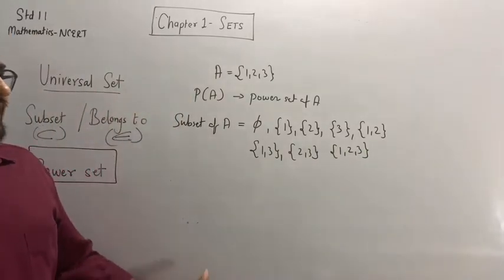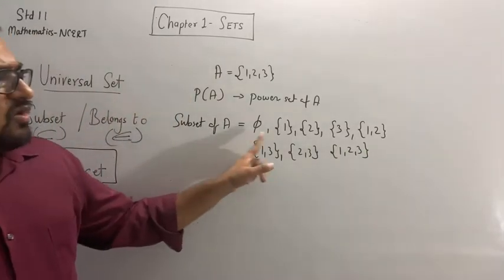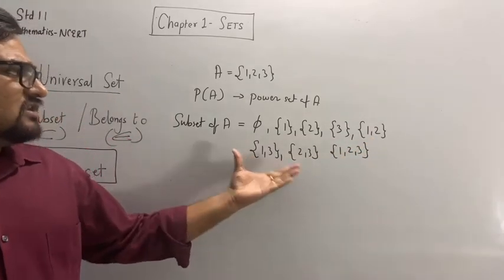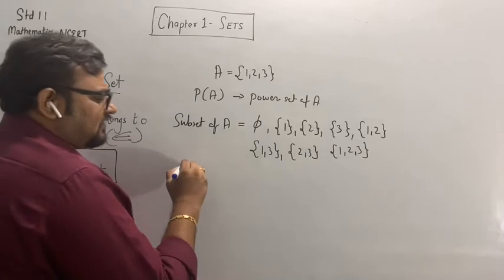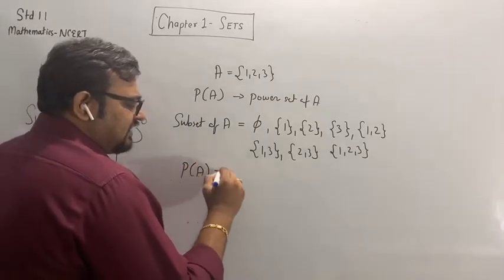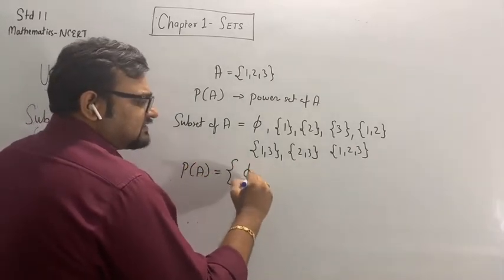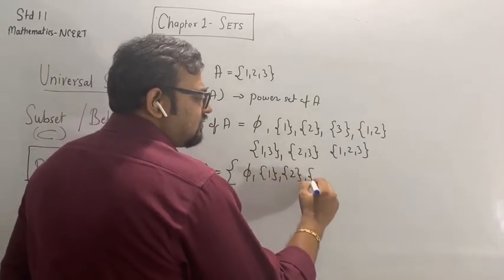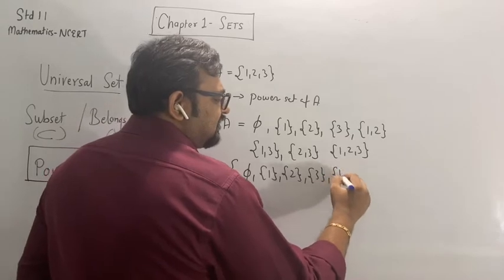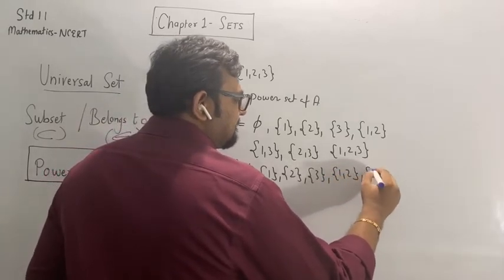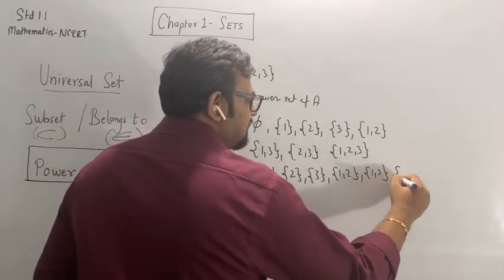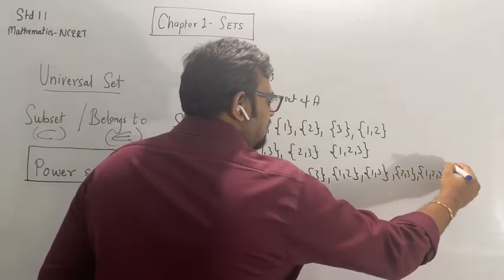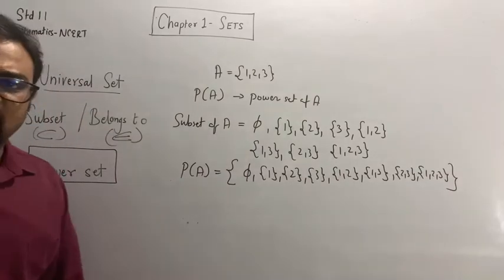These are the subsets. How many subsets? 1, 2, 3, 4, 5, 6, 7, 8. So these are all the subsets of A. So power set of A is a set consisting of all the subsets of that particular set. Okay? Clear?